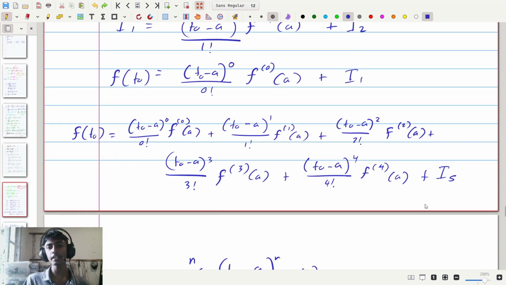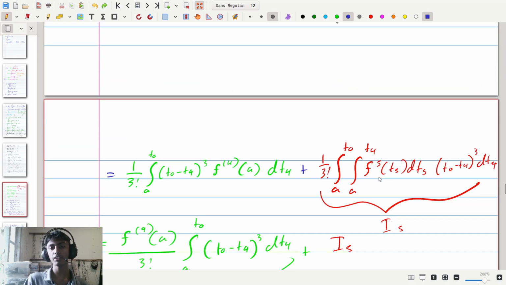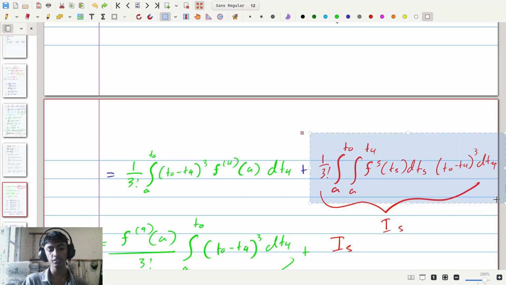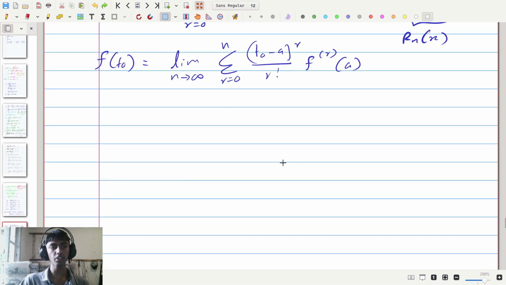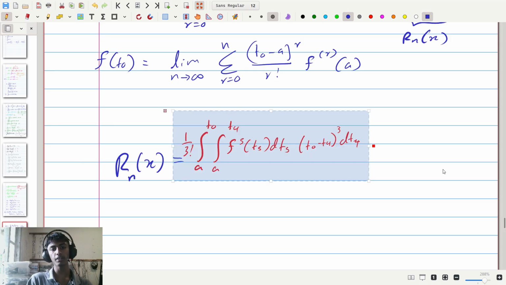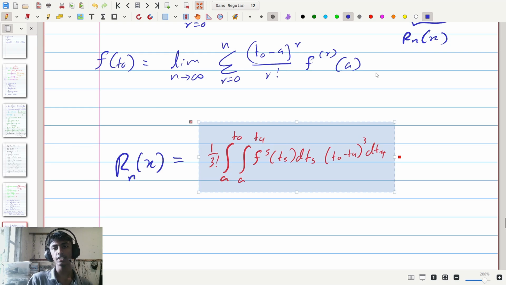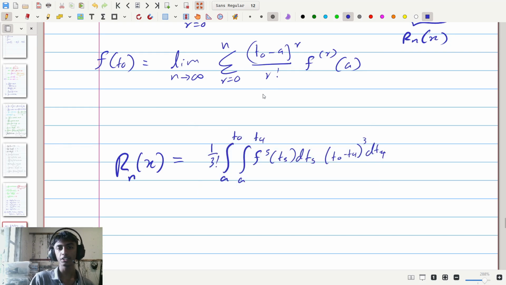So here, rewriting r sub n, it was this integral up here. If I copy this thing down, this thing right here, this is r sub n. So copying this down, we can write that r sub n of x, the value that we want to be converging to 0 as we get larger and larger n's, is going to be this thing right here. Now here, there's a little change.